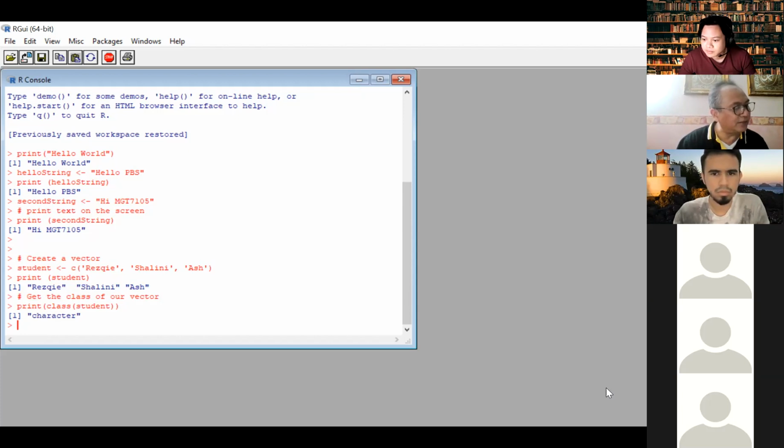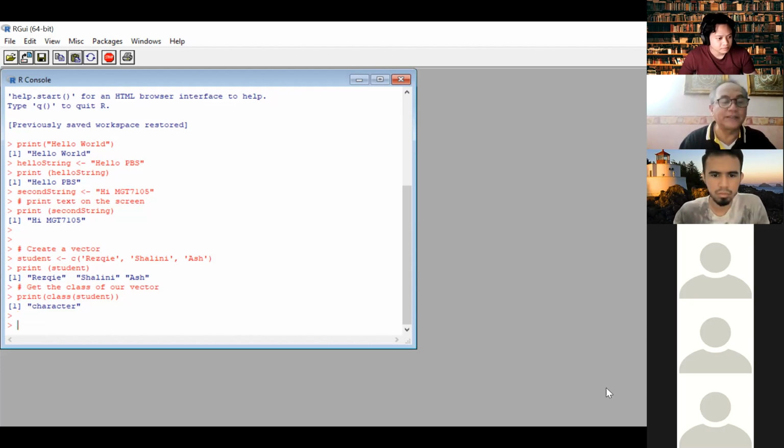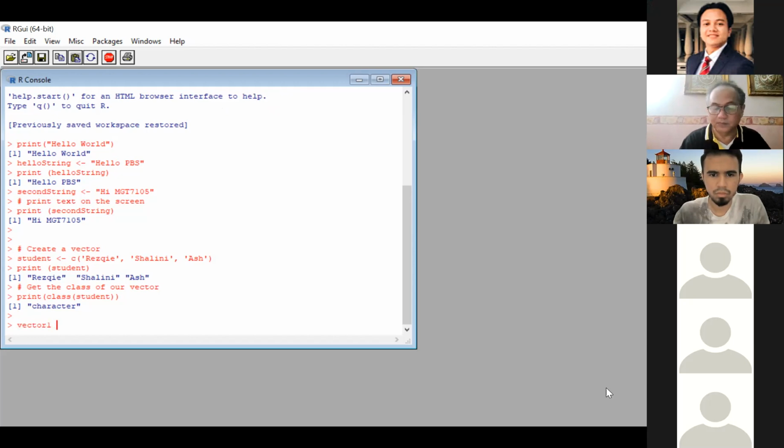You can create vectors which are numerical vectors. So for example, you can create another vector. This is a character vector. You can create a numerical vector. You can say vector 1. So it's easy. You just put here.